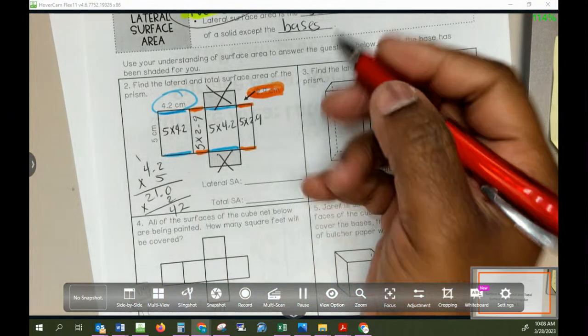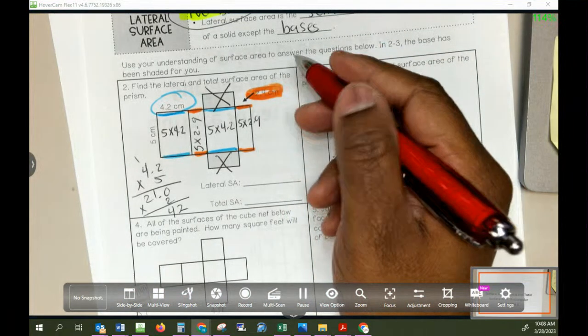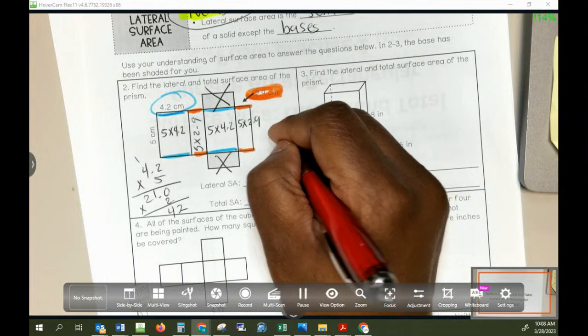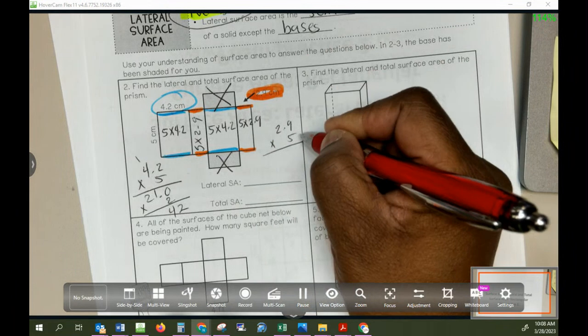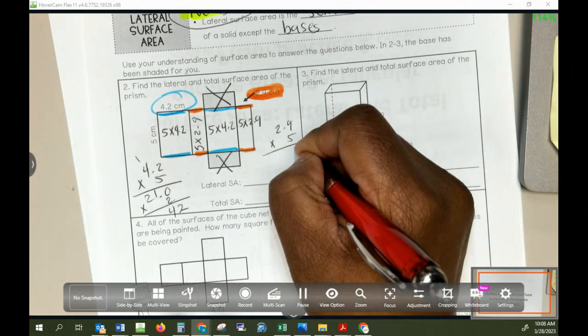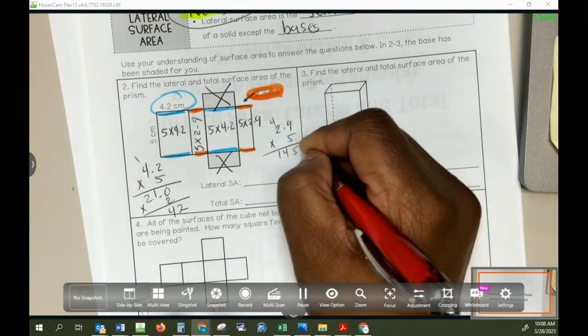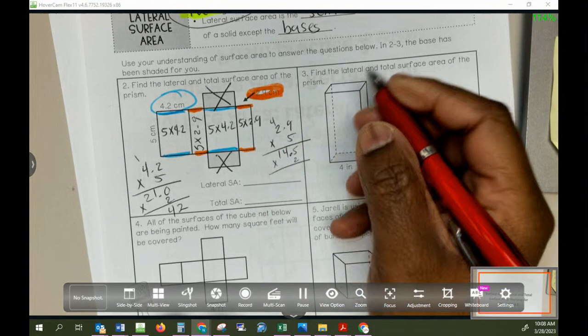And then, if that's 42, I do the next one. The next one is 2.9 times 5. 5 times 9 is 45, so that's 5 carry the 4. 10, that's 14. One decimal place, and then multiply that by 2.